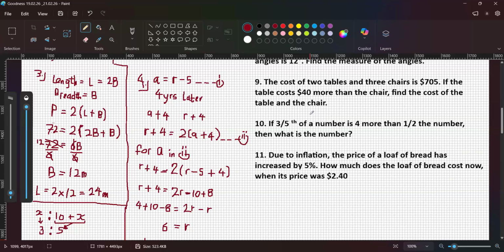If the table costs $40 more than the chair, the question is: find the cost of the table and the chair.